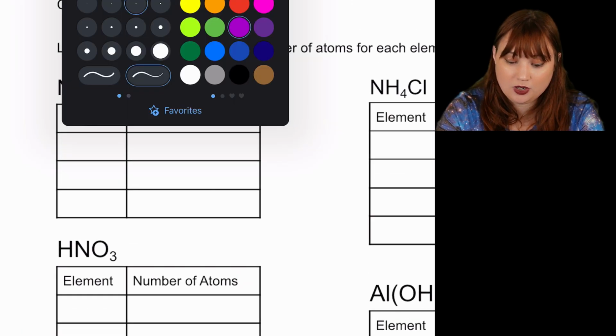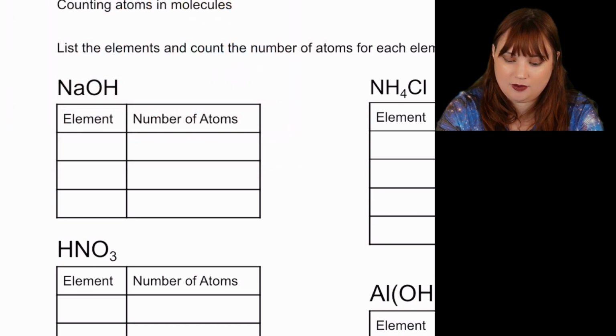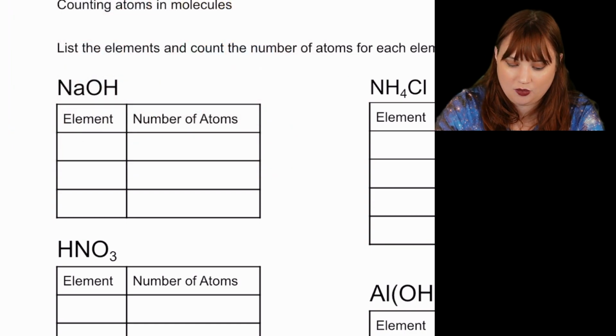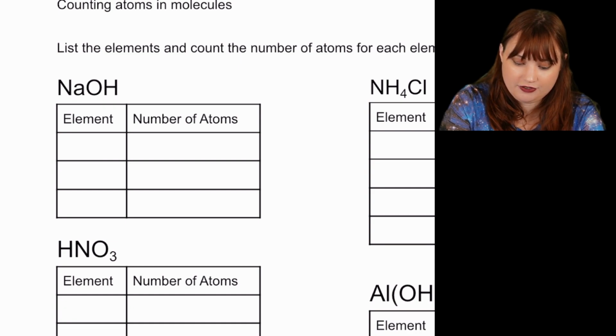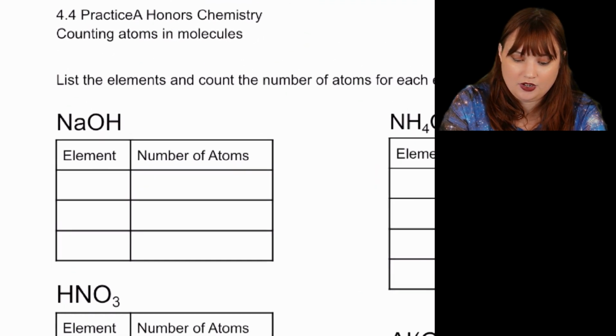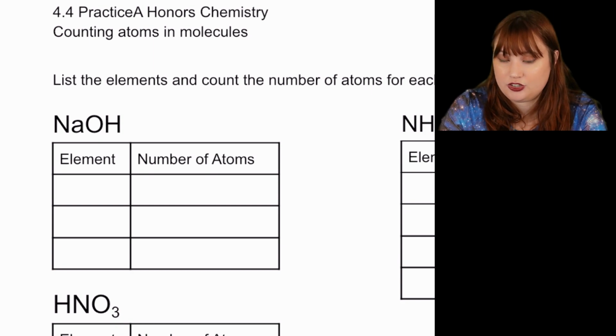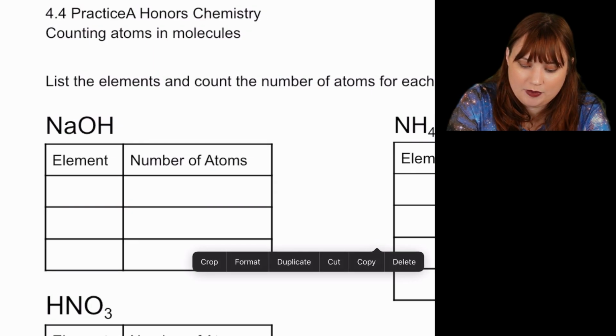And for your practice, I broke it down into tables. I think it's a little easier to start that way. So the way that you'll do these is fill out first the elements that you see in the molecule. Sometimes that can be the first place we get hung up. Remember, to identify an individual element, we're looking for these capital letters.